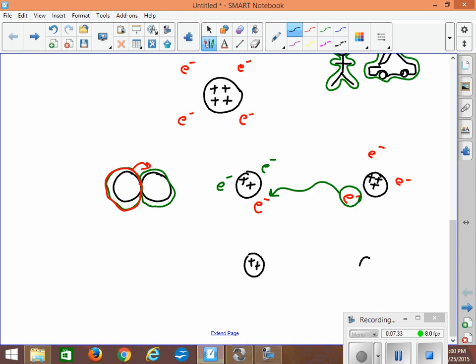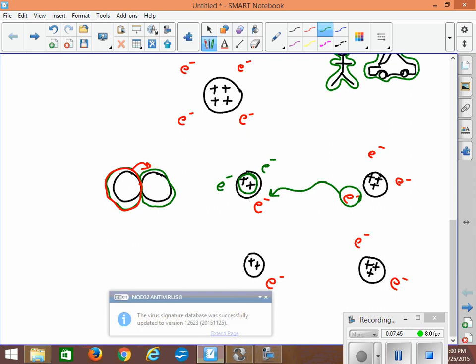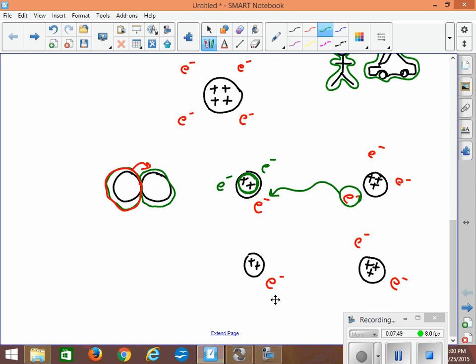You see how this guy would have only 2 left because one of them snuck over here and got stuck with this guy. He was attracted to the positive charges in his nucleus, right? He would be pulled over. And so now we have only 2 red electrons there, and here we have 3.